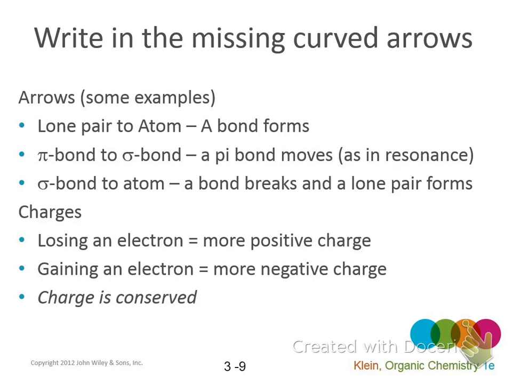We also learned from resonance that you can move arrows from pi bonds to sigma bonds, and that's really a pi bond moving, so that's resonance arrows, right? You can do that. You can also break a sigma bond. We showed one example about that. That's not a resonance, but it's like the hydrogen, when you break the sigma bond between the hydrogen and an oxygen, for example, in an acid-base reaction, that bond breaks and it forms a lone pair.